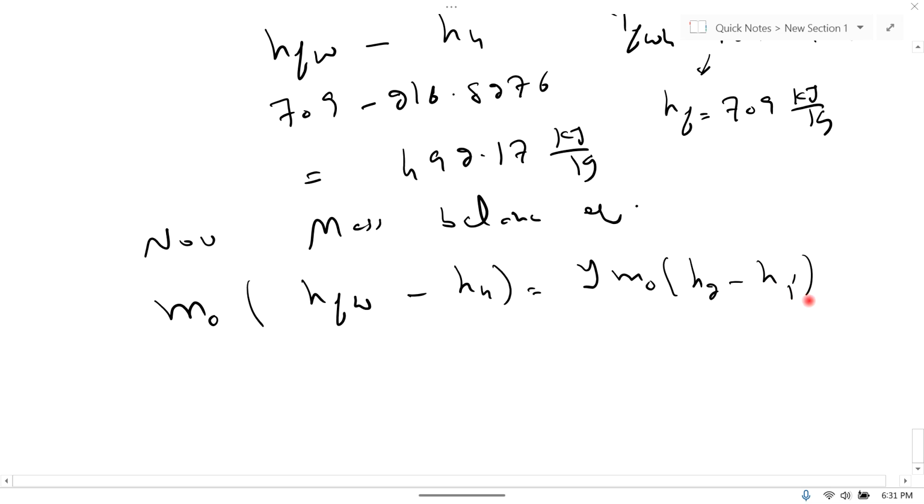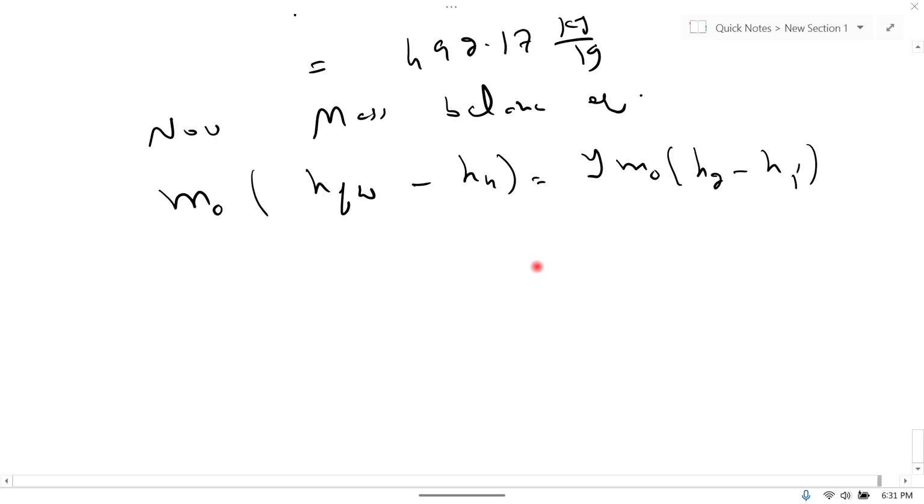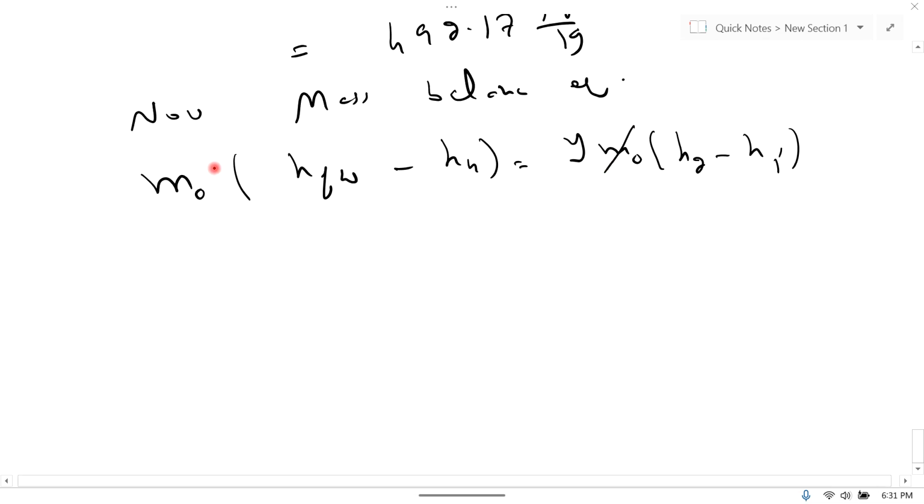The enthalpy at 0.8 megapascal is H1 dash, already determined at the start of the problem. So m naught will cancel with m naught. Rearranging this equation, y is equal to HFW minus H4 divided by H2 minus H1. All these values are known to us.